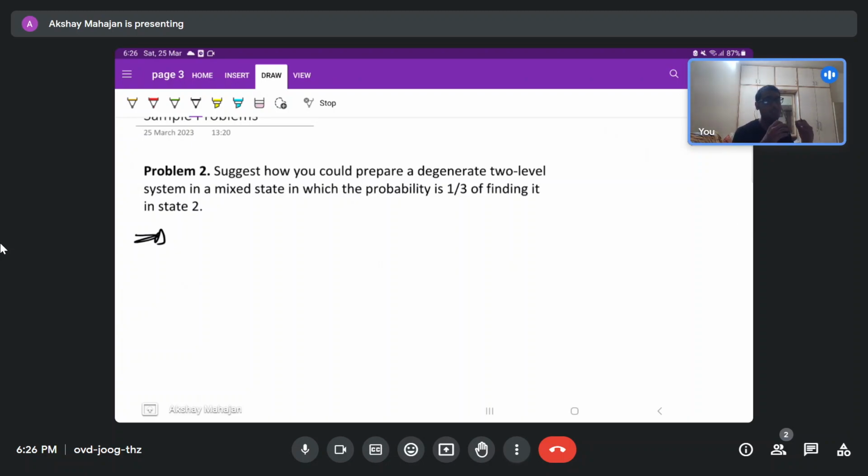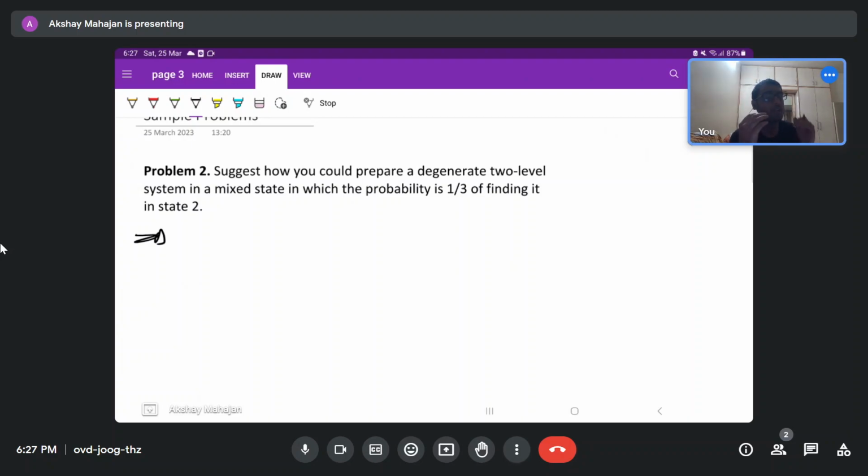From this we can see that we can make different kinds of composition. Even if we start with the same initial condition, with the system only in state 1, using this method we can prepare any kind of mixture. The basic idea is the same.